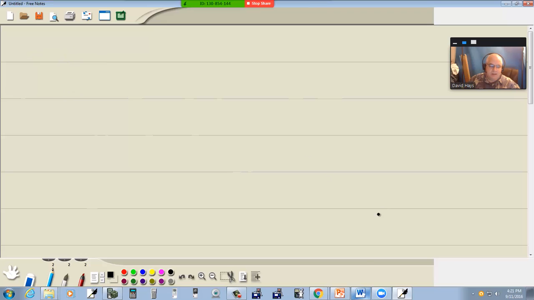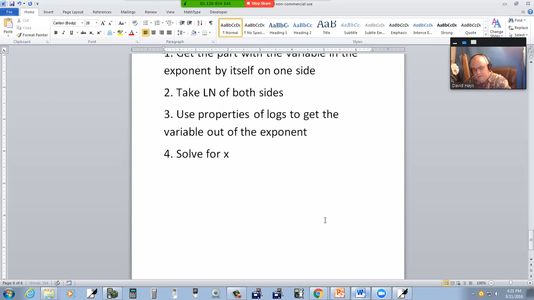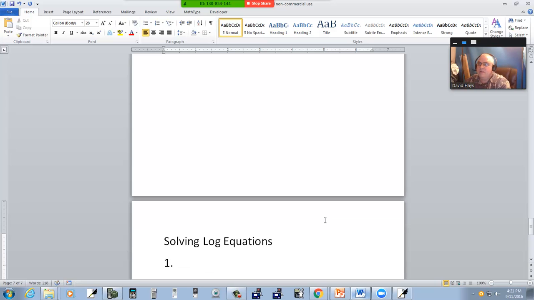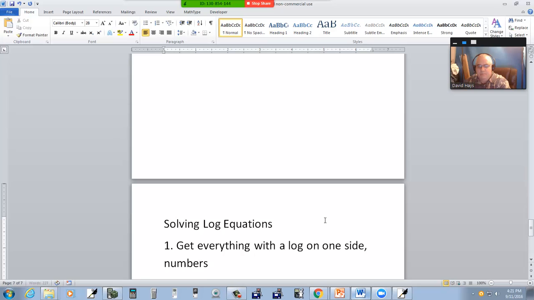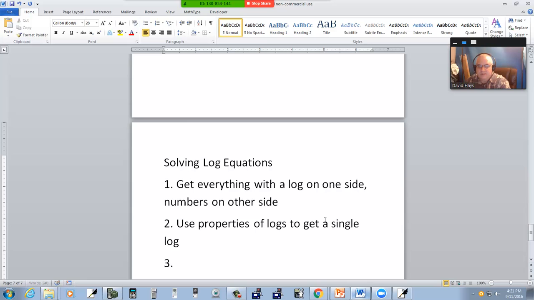And let's talk about log equations. So solving log equations. Step 1. Get everything with a log on one side, numbers on the other side. Step 2. Use properties of logs to get a single log. Step 3.